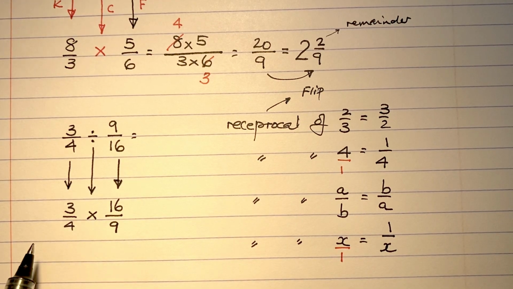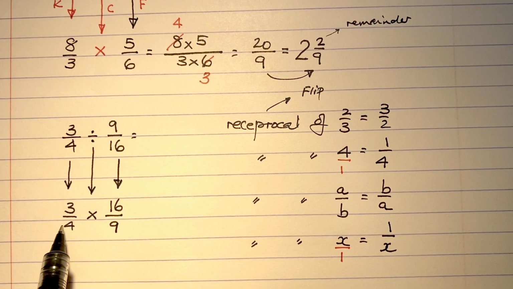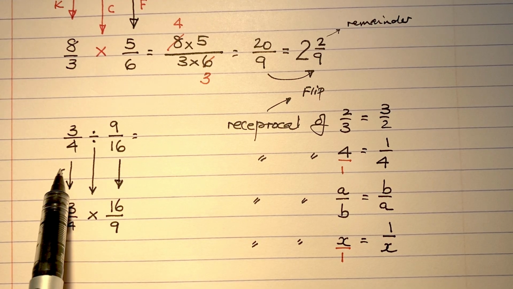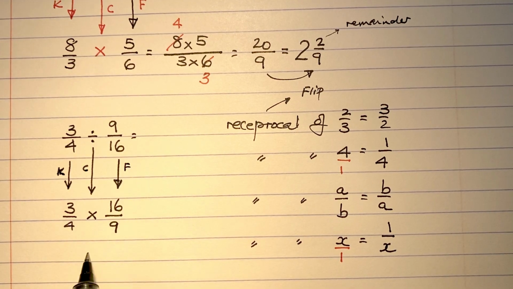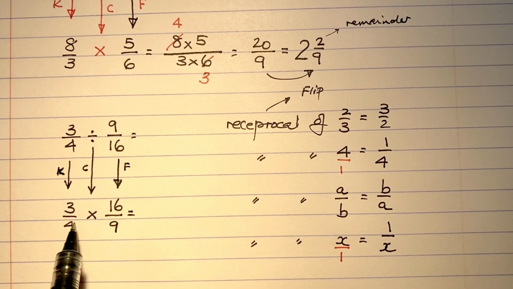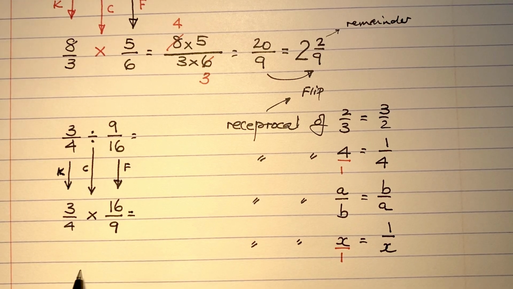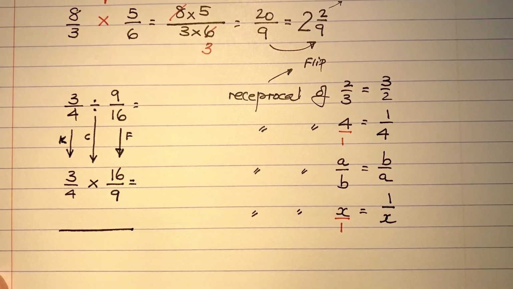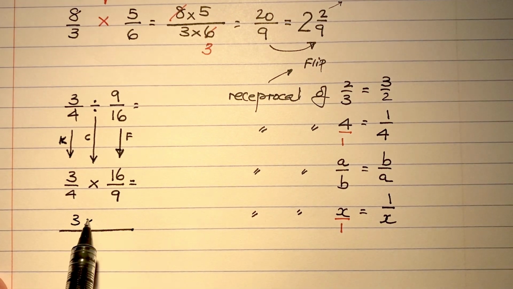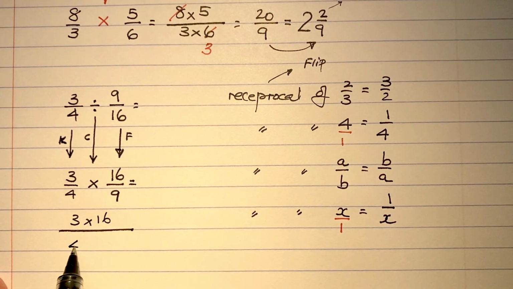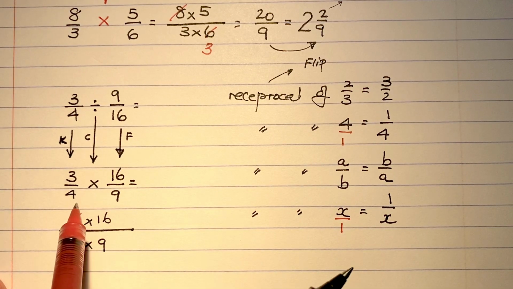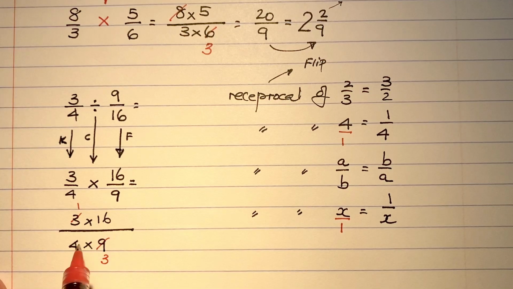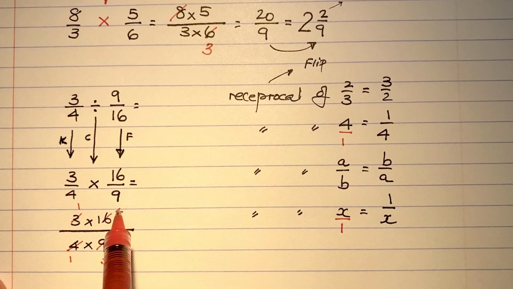So let's go back to our question now. 3/4, keep, change, flip, which I've written. Then we have 3 times 16, 4 times 9. 3 and 9 cancel. 4 and 16 cancel.